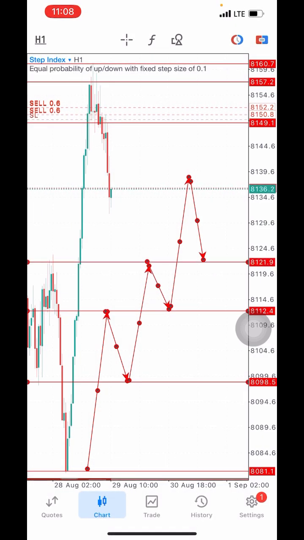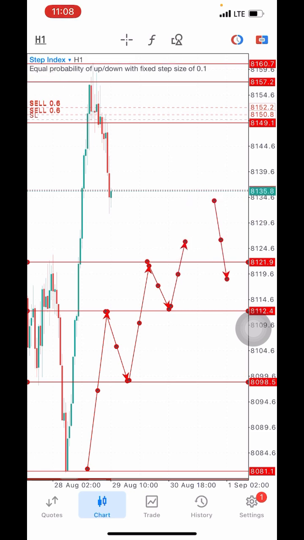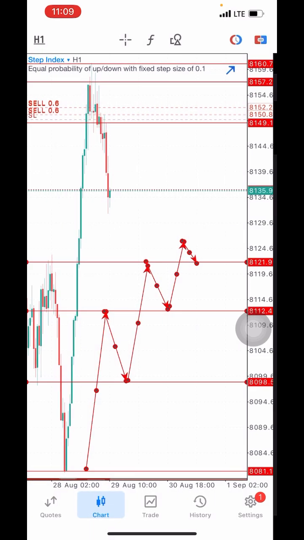So these ones are retests, and this one is even farther. Retests are mostly very short, very close to the level it broke from. Maybe something like this, and you start buying again.